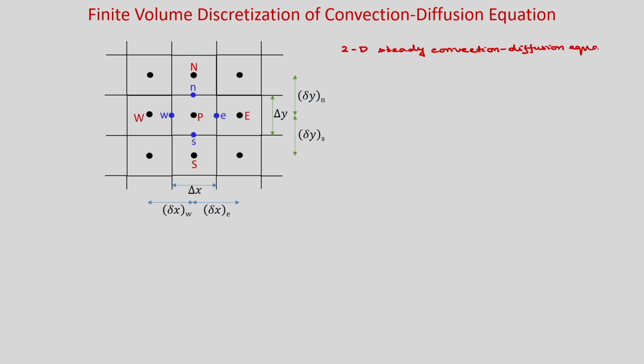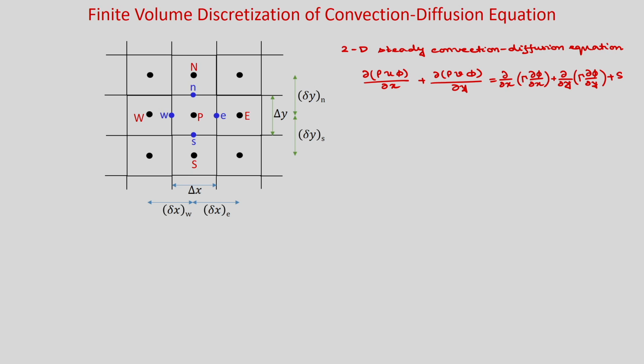The governing equation is del rho u phi by del x, where rho is the fluid density and u is the velocity in x direction, plus del rho v phi by del y, v is the velocity in y direction, is equal to del by del x of gamma del phi by del x, gamma is the diffusion coefficient, plus del by del y of gamma del phi by del y, plus S.